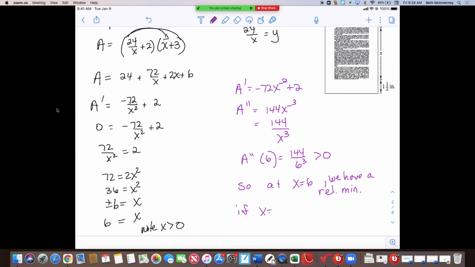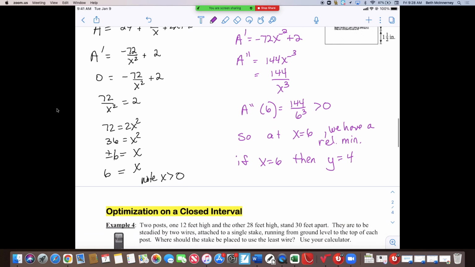So if x is 6, then you come back up here, and what's y then? 4. Okay, so now, that's actually not my answer. Let's reread the problem. It says, what should the dimensions of the page be?